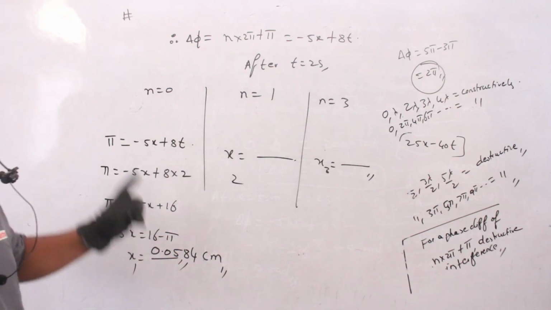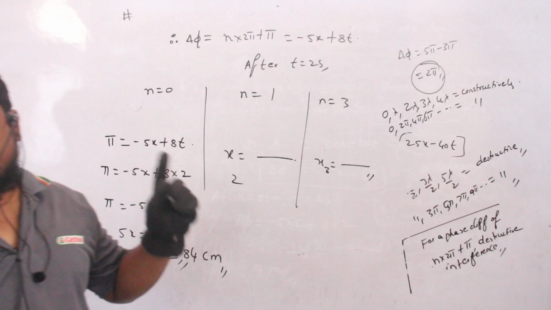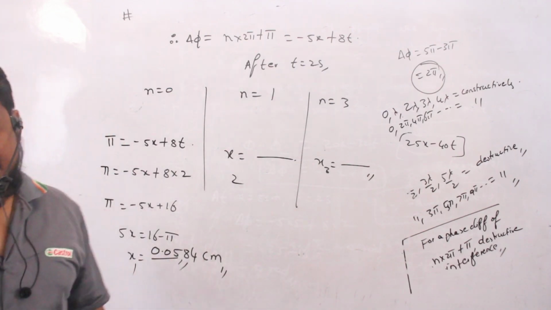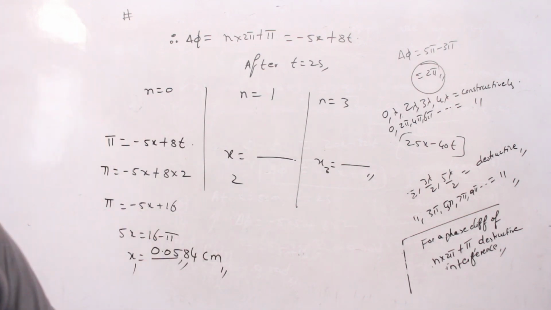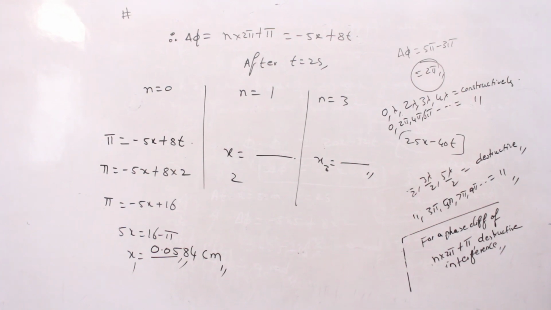So this is the distance from the reference where we are getting destructive interference. Similarly, for different values of n equal to 1 and n equal to 3, we get different values of destructive interference.